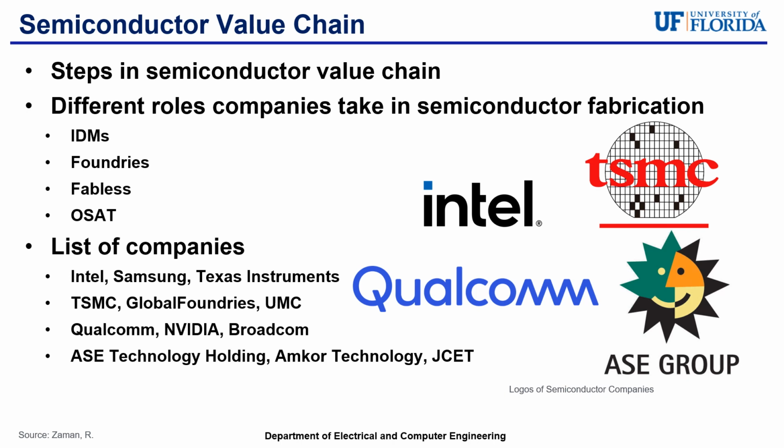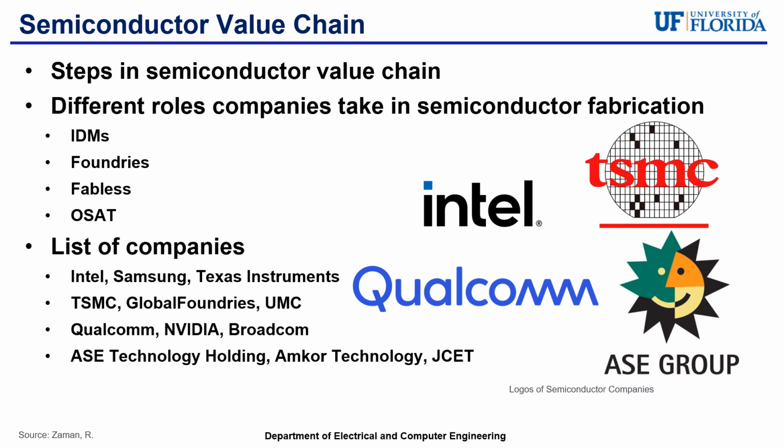Lastly, we have outsourced semiconductor assembly and test companies, also known as OSATs. After chips are manufactured, they need to be packaged and tested before they can be sold and used in products. OSAT companies specialize in this end of business, and some examples that are key players in the sector are ASE Technology Holding, Amkor Technology, and JCET.